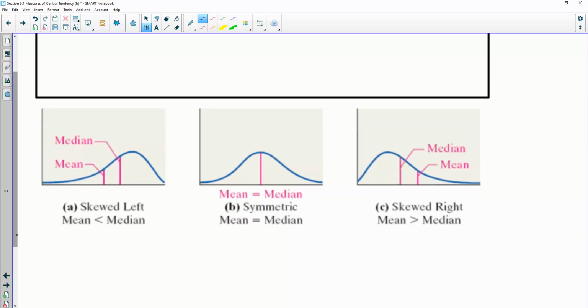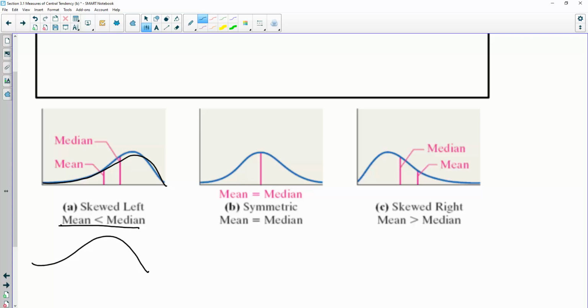Then your mean is smaller than your median. If it were me, I would probably just draw this little picture, even if you don't put the lines. Just draw the bell curve. Skewed left means the mean is less than the median, because if you have more low values, it's going to draw down your mean. It will make your mean get smaller.